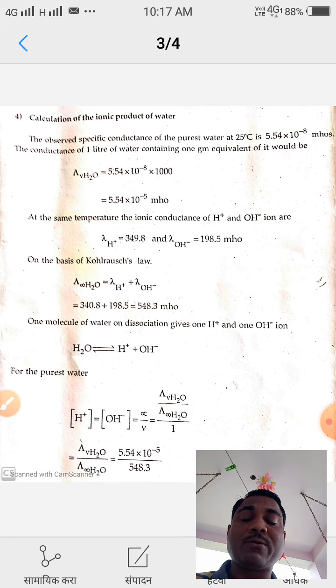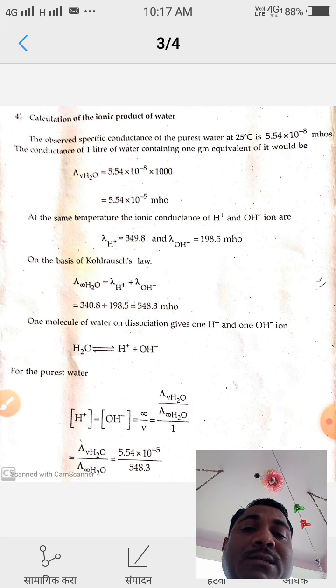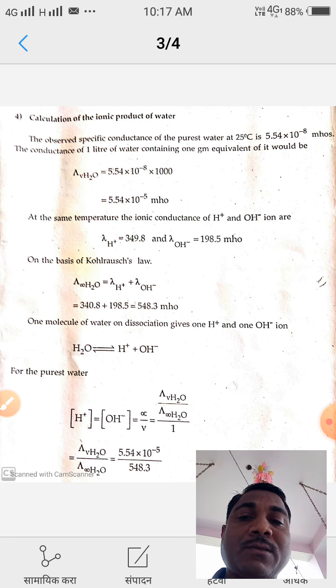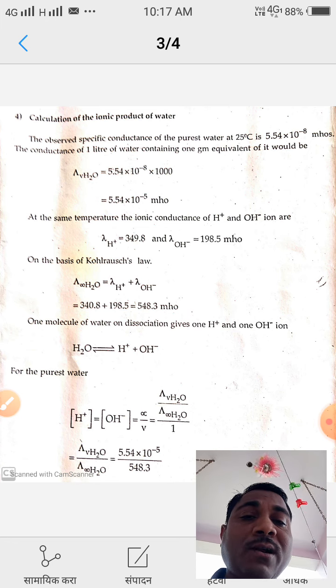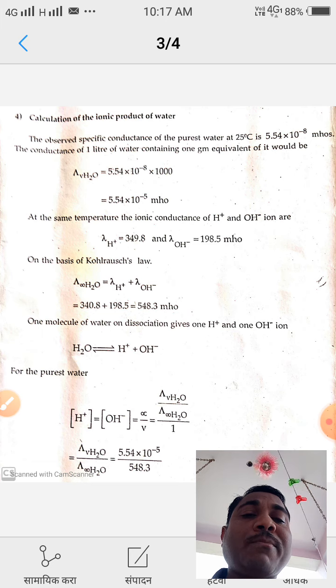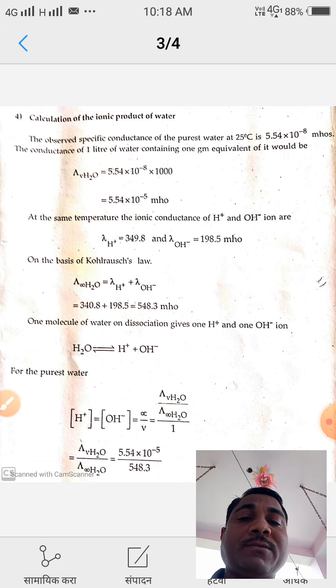In this application, we have to see the observed specific conductance of the purest water. The observed specific conductance of the purest water at 25 degrees centigrade is 5.54 into 10 raised to power minus 8 mho.